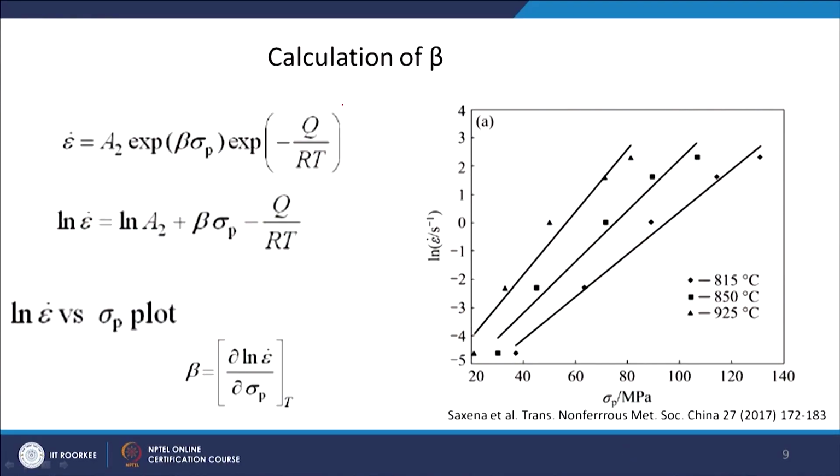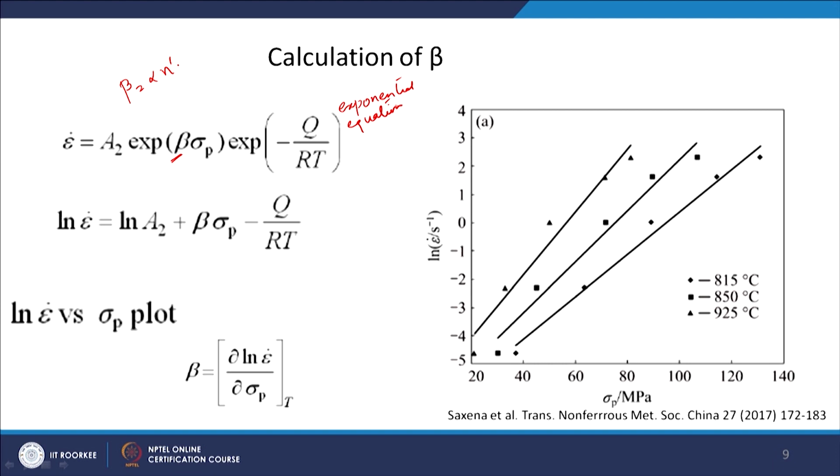Now, the next parameter I want to know is beta. Beta is what we saw in the other, exponential equation, which was valid for higher strain rate or higher stress condition, alpha sigma more than 1.2. So, you have this beta term here, and as I told you earlier, beta is equal to alpha n prime. n prime we have already calculated.